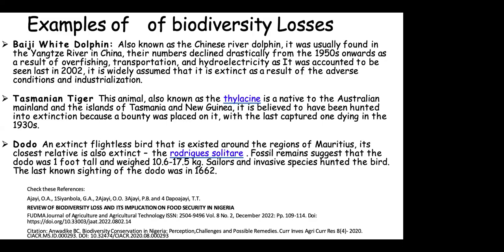Well, for overfishing, when we keep fishing and fish both the ones that are supposed to be the parents of tomorrow, we fish all of them today, and then there's nobody to reproduce. And transportation?